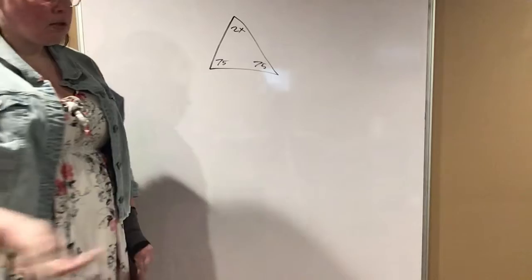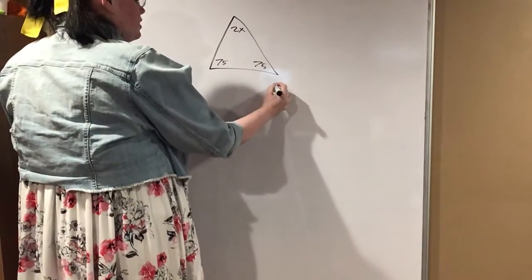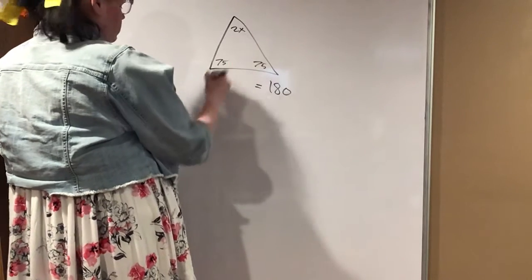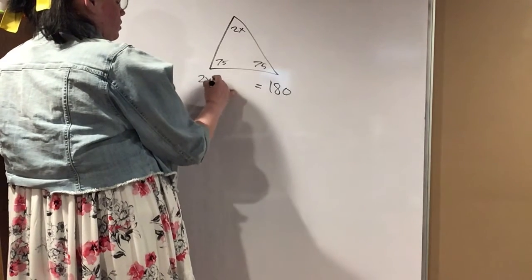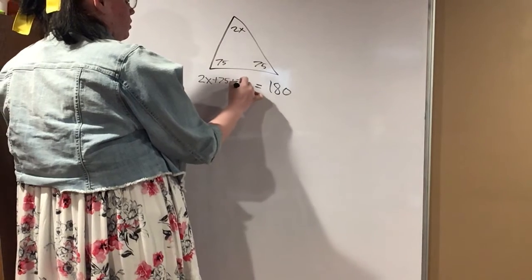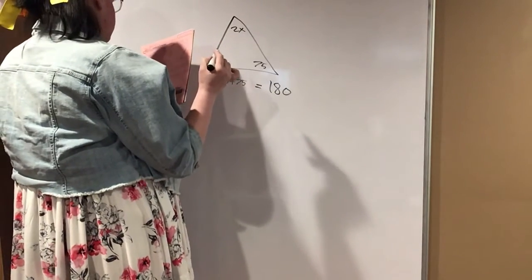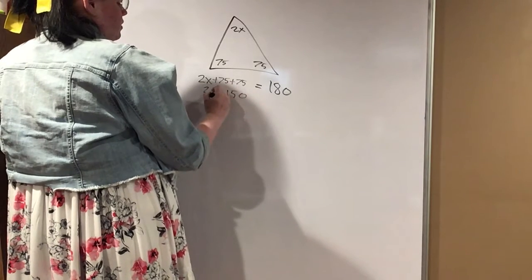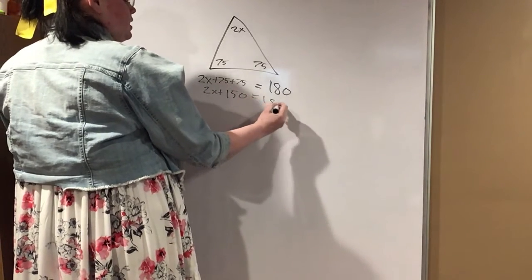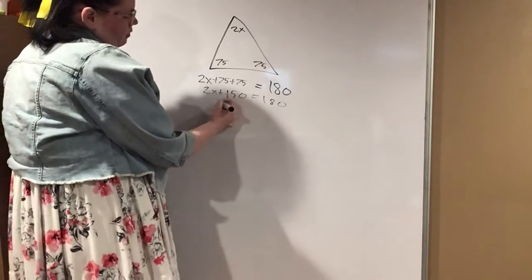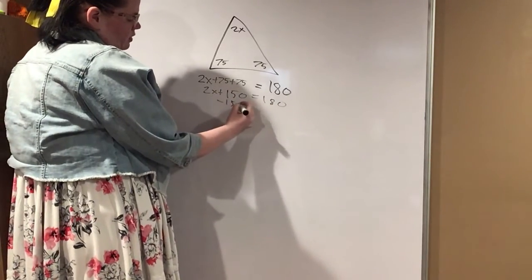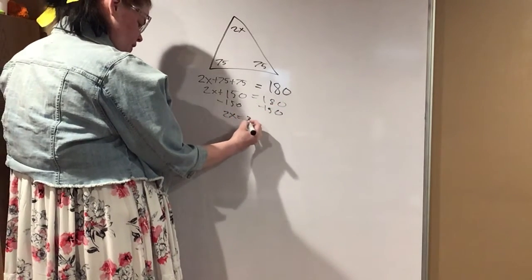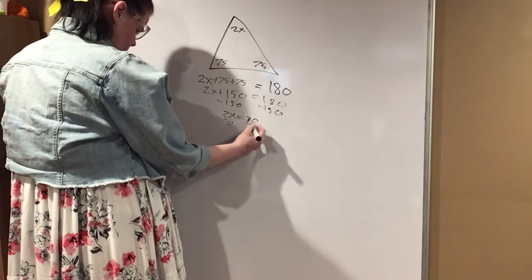How do we do that? Well, we know that every triangle has to add up to 180. Let's just do the addition. 75 plus 75 is 150. 2x equals 180 minus 150, so 2x equals 30, divided by 2.